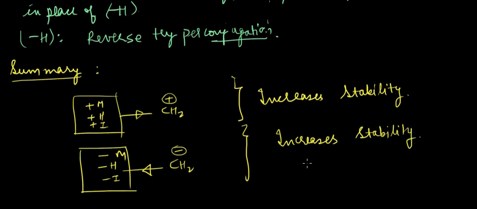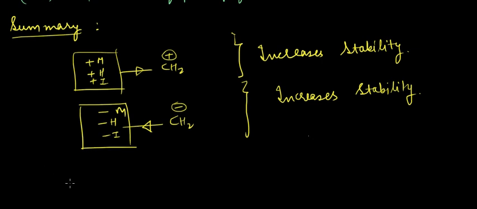Okay, so just a last example before we end off this lecture. I like to give as many examples as possible to my students. Okay, we have this carbocation. This is also called tropylium ion, just for information's sake.